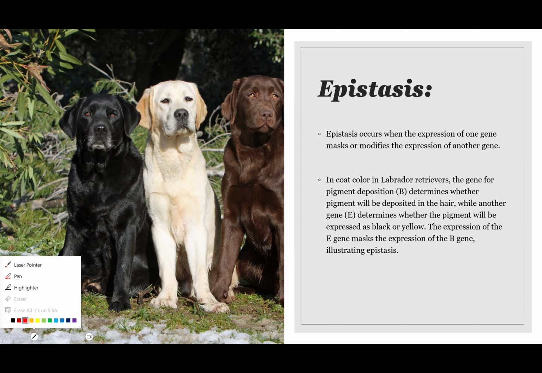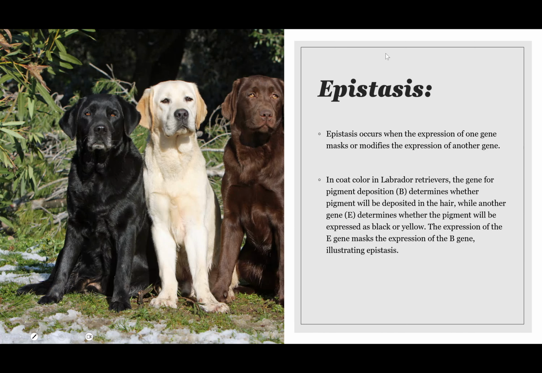So with the epistatic gene, we have what we call an E gene. We'll just write the E gene there. Let's say that we have an allele large B and an allele small b.